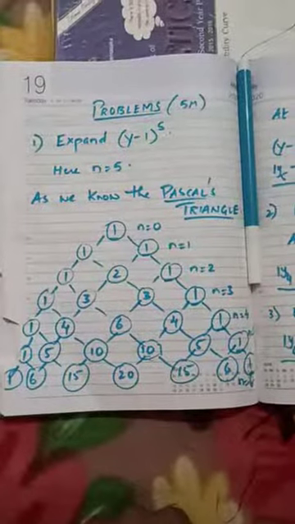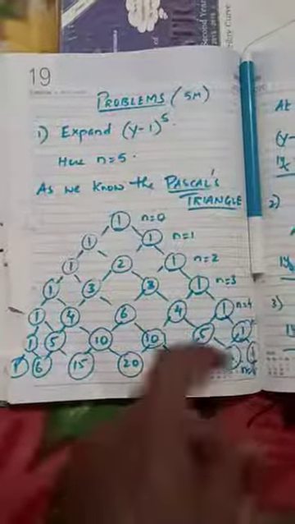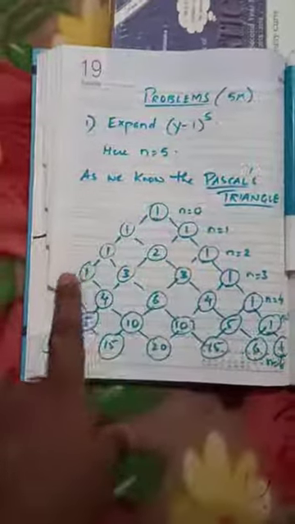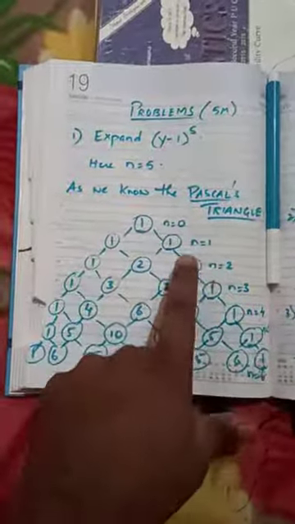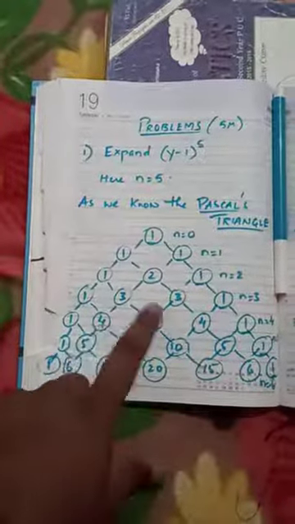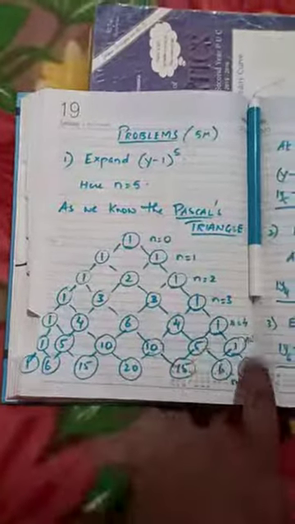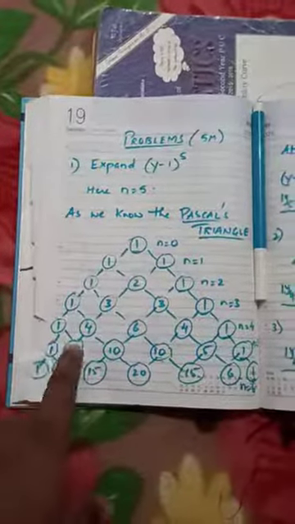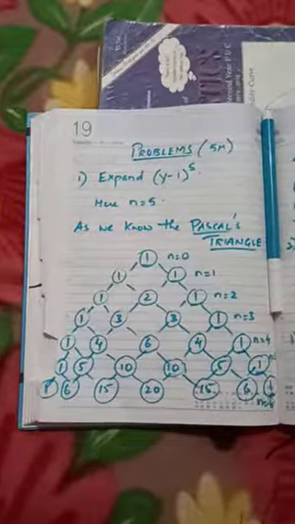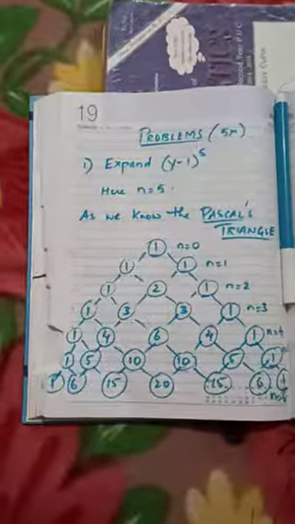You all know Pascal's triangle, how to draw. 1, here 1 and 1, again here 1, the middle 1 plus 1, 2, 1, 1 plus 2, 3, 2 plus 1, 3 and 1, 1, 1 plus 3, 4, 3 plus 3, 6, 3 plus 1, 4 and 1, 1, 1 plus 4, 5, 4 plus 6, 10, 6 plus 4, 10, 4 plus 1, 5 and 1, 1, 1 plus 5, 6, 5 plus 10, 15, 10 plus 10, 20, 10 plus 5, 15, 5 plus 1, 6 and 1. So this is the way Pascal's triangle has to be drawn, right?